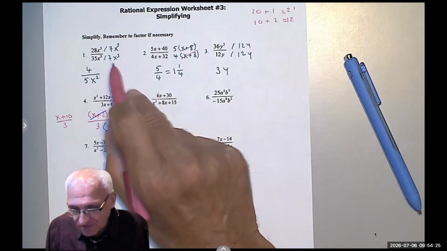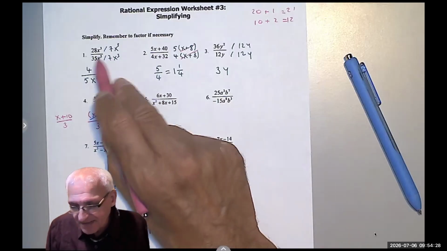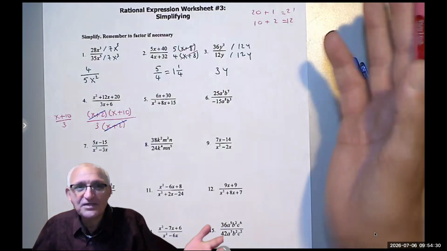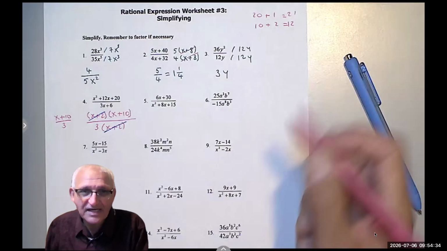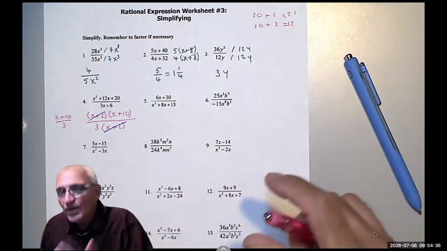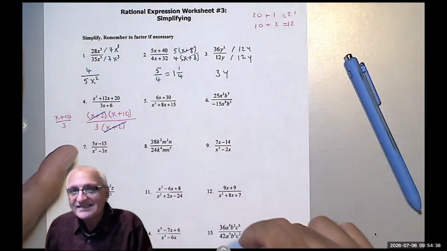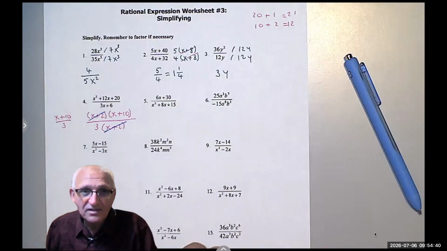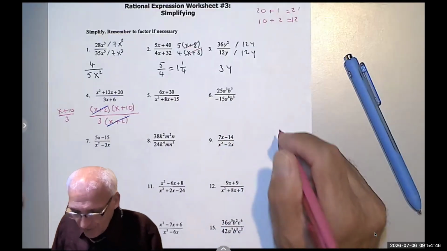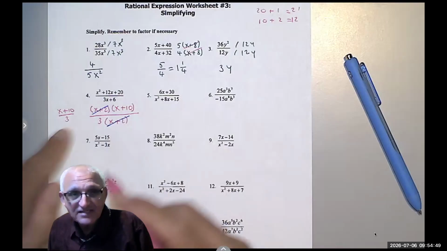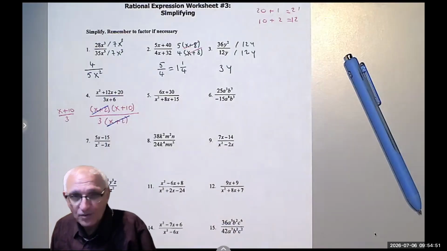If x is 0, in fact, the whole expression would make no sense because it would be 0 divided by 0 from the get-go. We are going to look into that later when we solve rational equations. But for now, we are simply saying it simplifies to that. Okay, we are not solving.